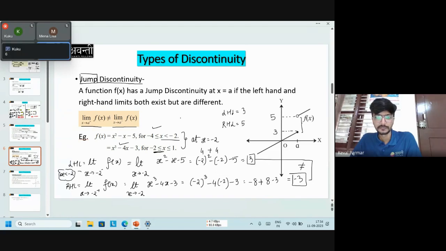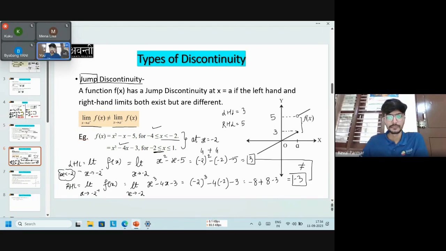How will it be 6? 4 plus 4 is 8, and 8 minus 5 is 3. For the RHL, minus 8 plus 8 minus 3. Both calculations are right. Please check.